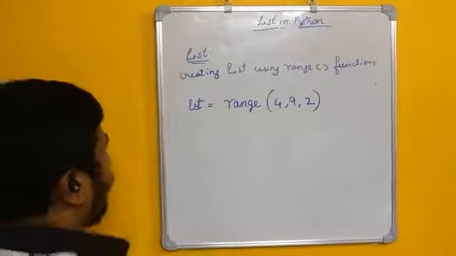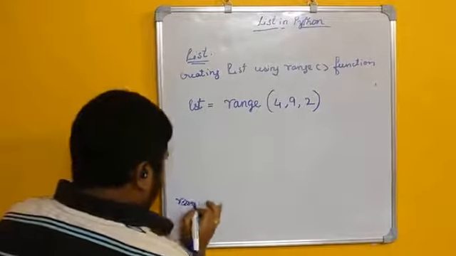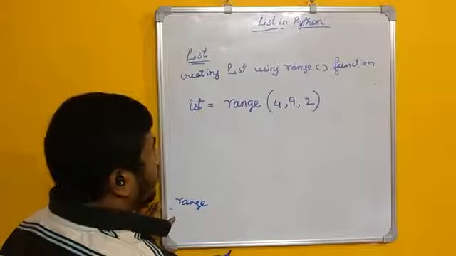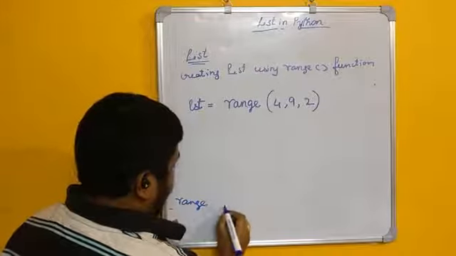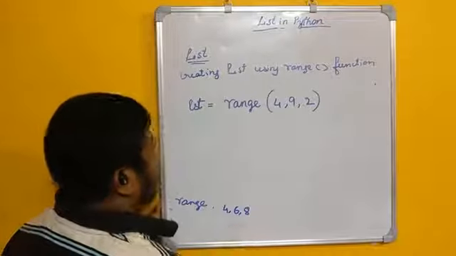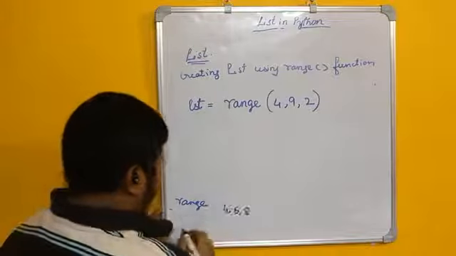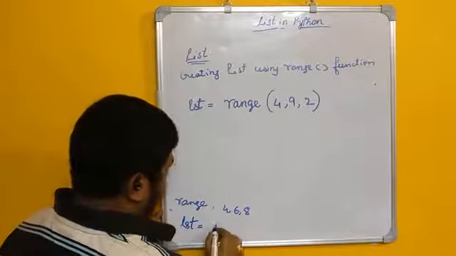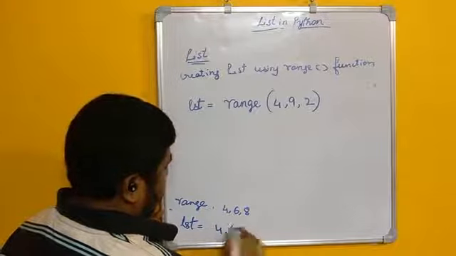So now the range will generate numbers. The range will generate numbers 4, 6, 8. 3 numbers will be generated. So LST, a variable name, will hold 4, 6, 8.